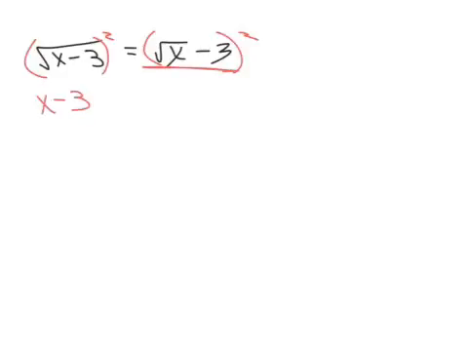This here becomes, and let's do it in blue, kind of over to the side. We have to do the FOIL method. So that gives me this times this, which is the square root of x squared, or whenever you multiply two radicals together and everything underneath is the same, you just take the radical off.